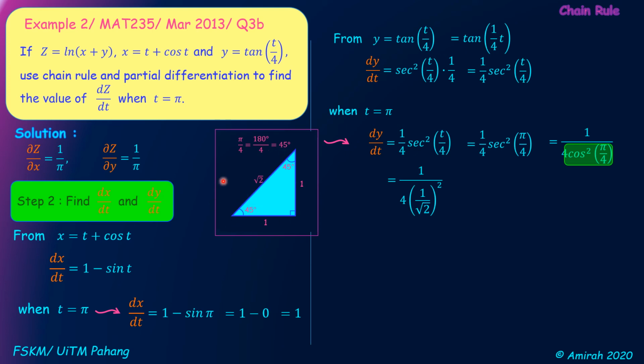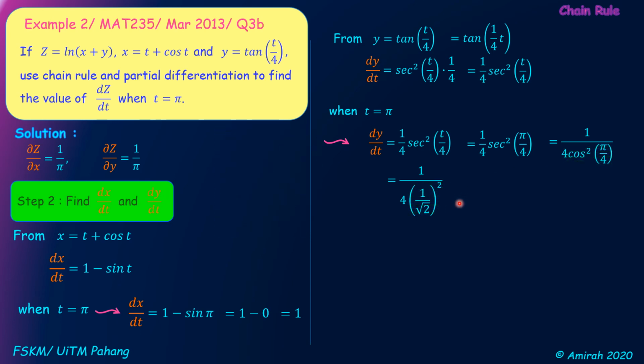From this diagram, cos 45 equals adjacent over hypotenuse, so we get 1 over square root of 2, then we have squared here. After that, we get 1/4 times bracket squared, so we get 1/2, no more sec here. Then we simplify 4 and 2, so we get 2 here. This means dy/dt at t equals pi equals a half after we simplify.